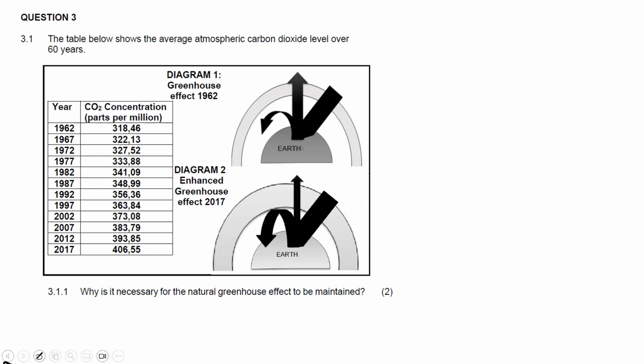So we continue. Okay, so we look at this question. We're going to tackle this question. This is the exam structure of life sciences, please.